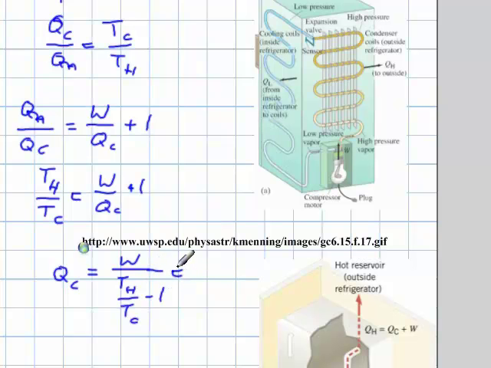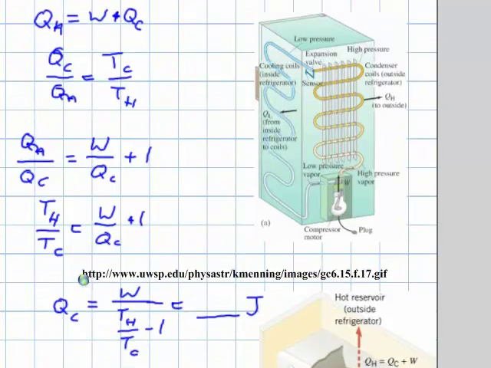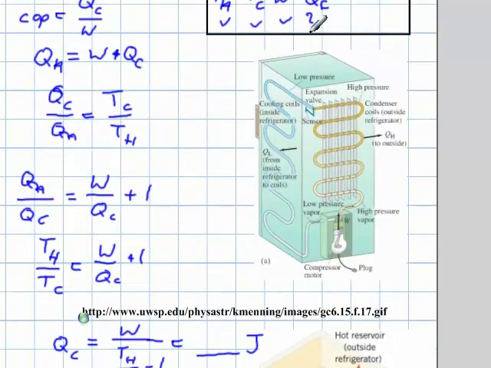And then you come up with something here, and because W is in joules, and the temperature ratio doesn't have any units, you're going to come out with something here in joules. Relatively large number. Also, we're looking at more than 10,000 joules being removed for every, how much was that? 2,500? Yeah, 2,500 joules that is being put in.